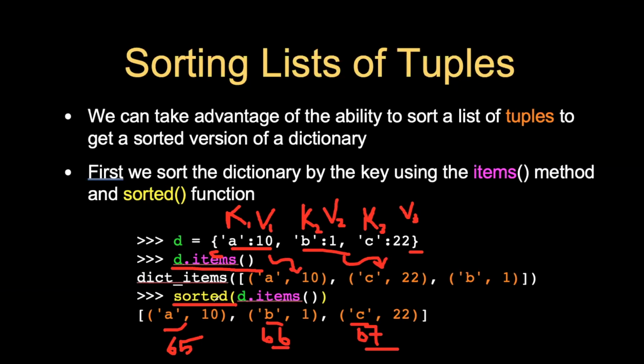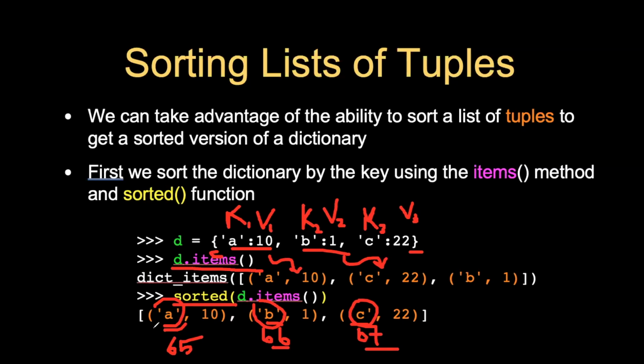And because you're sorting in ascending order by default, because sorted gives you ascending order, A, which is the key, is going to be placed first. Remember, when you sort tuples, you start with the first element, comparing it member-wise against the first element of the other tuple, and so on. So you do these comparisons and you find out A is the first one.